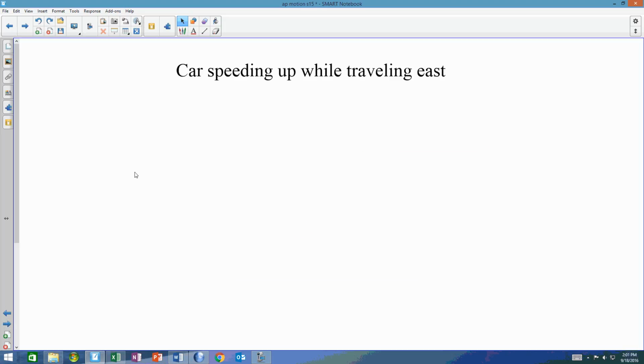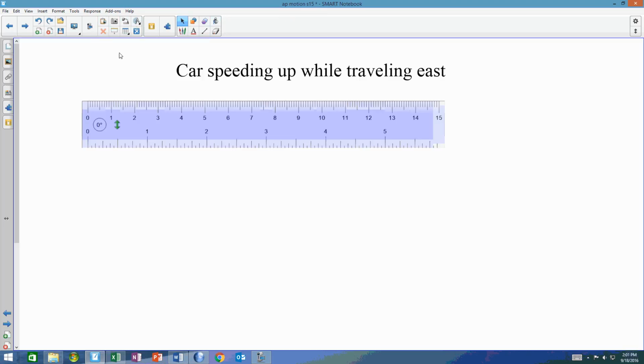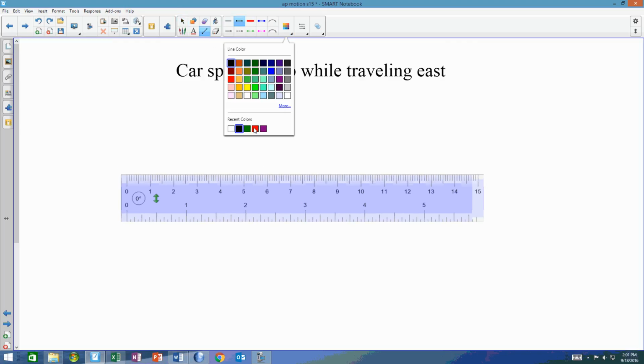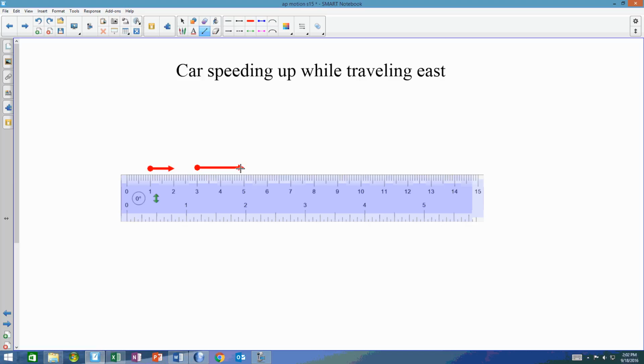Okay, so let's do another one. Let's have a car speed up while going east. Okay, so we're going to get out our ruler. So there's my ruler. And now what I'm going to do is draw my velocity vectors in red, and I'm going to make them go east. I'm speeding up, so I'm going to start with 1 centimeter, then I'm going to go to 2 centimeters, and then I'm going to go to 3 centimeters.